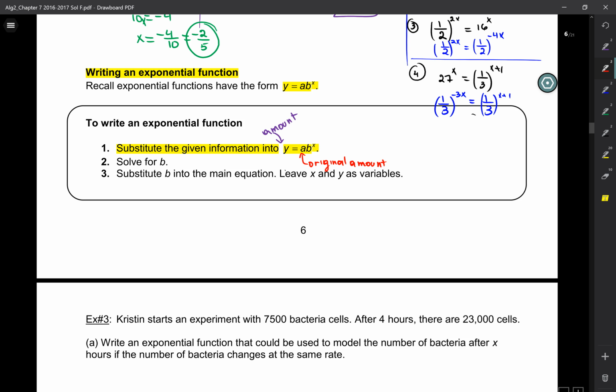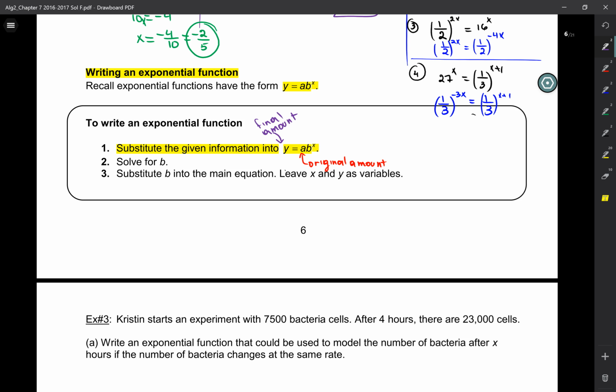So if a is the original amount, what's y then? The final amount, right? Now, things are changing, and each situation is different in that things change at a different rate.